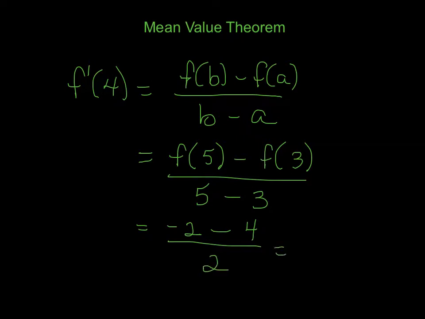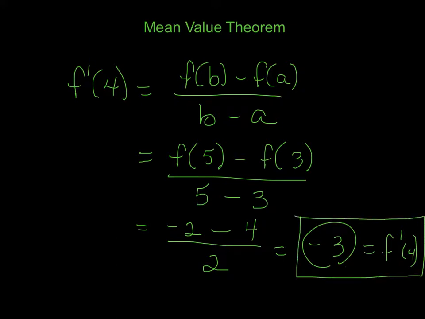And then you just do the math, and the answer is negative 3. So this is equal to f prime of 4. And that's how we work our mean value theorem questions. You're going to do the same thing for the second example as well.